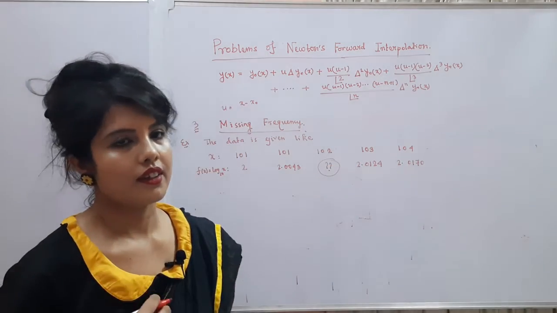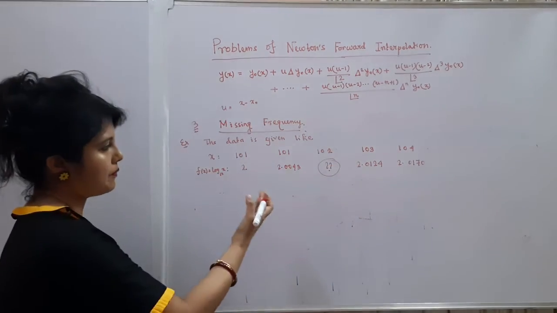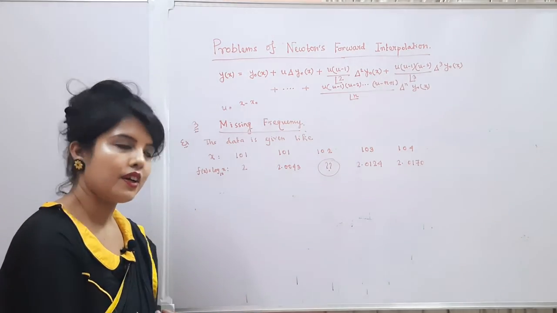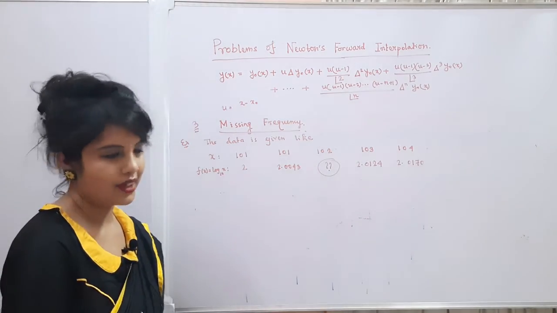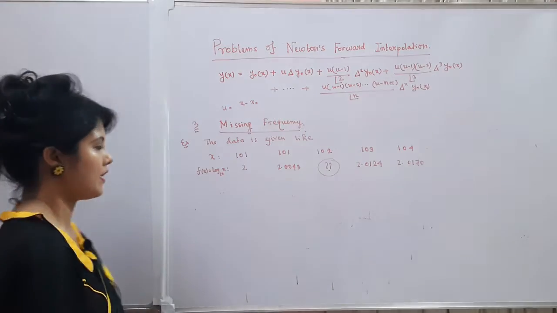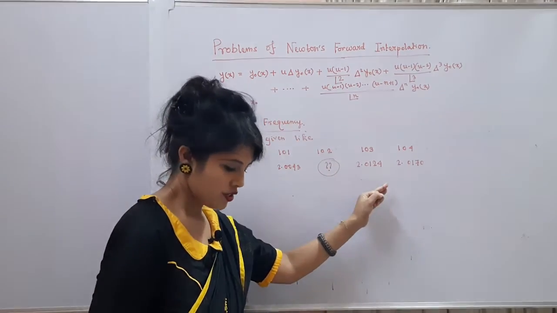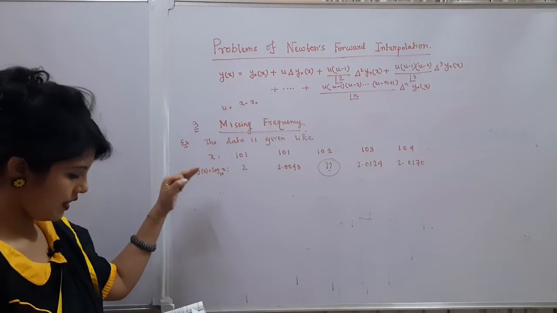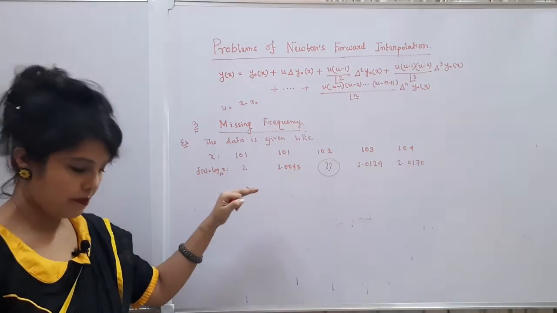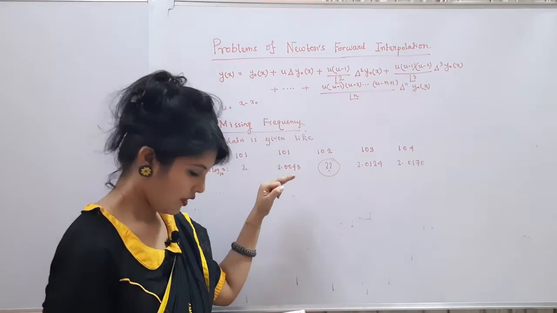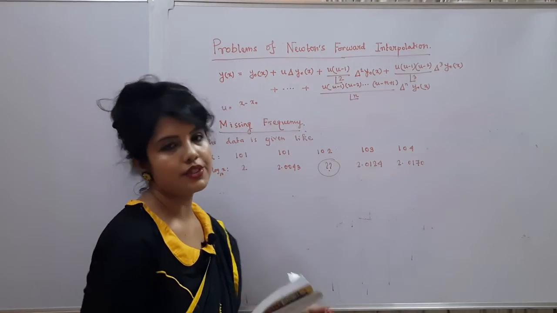So you can find out the value by the forward difference operator. Okay, by using the forward difference operator. Now since 4 values are given here, the polynomial of degree 3 can be fitted. So the 4th difference will be 0.